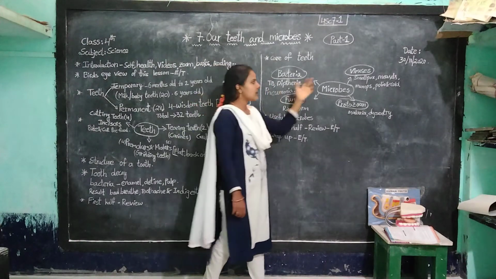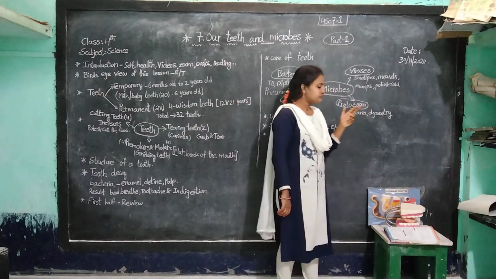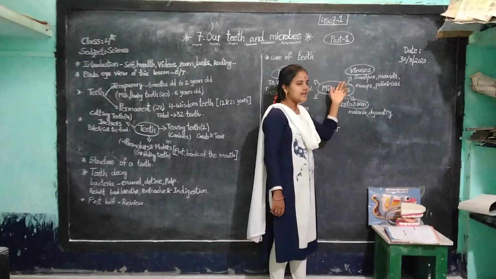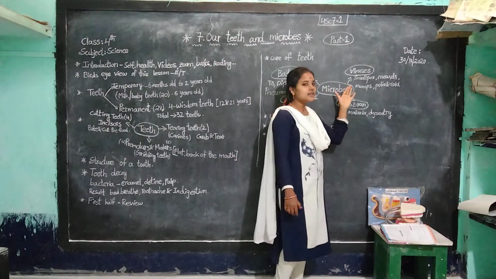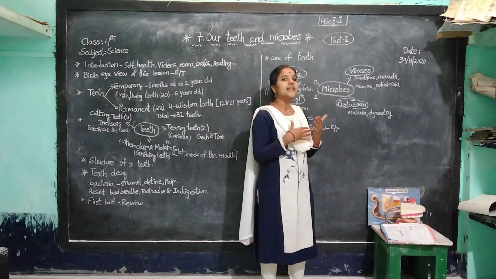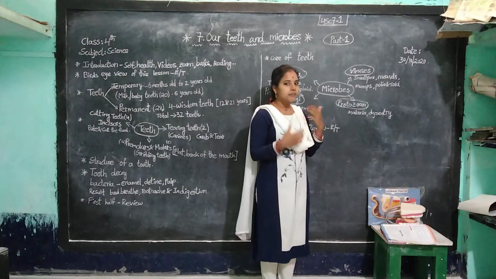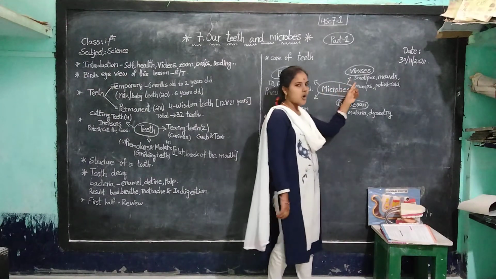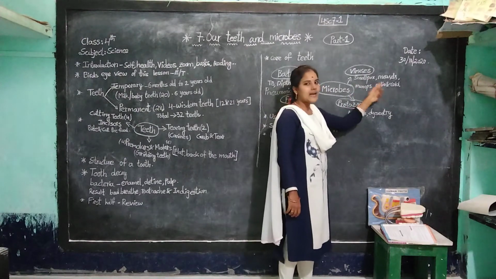Next one, viruses. Viruses are one-celled and smaller than bacteria. Viruses cause diseases like smallpox, measles, mumps, polio, and the common cold.